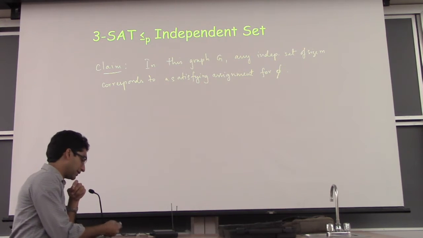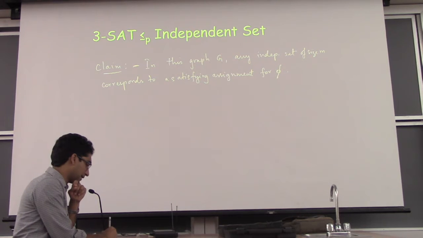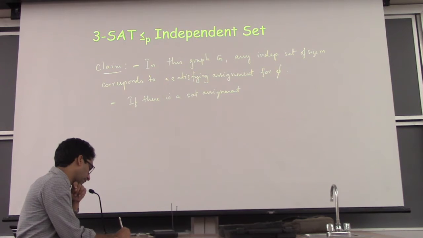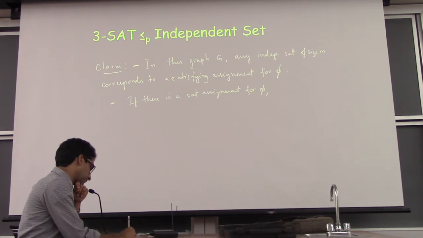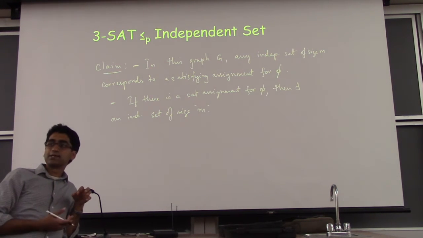This is actually the non-trivial half, but you also have to verify that if there is a satisfying assignment for phi, then there exists an independent set of size m. So this is the easy part. Why is this true?